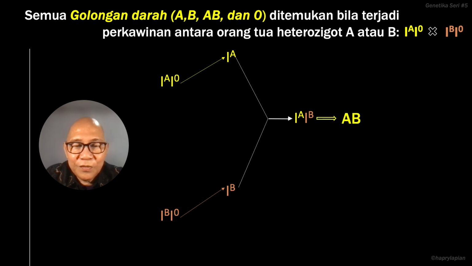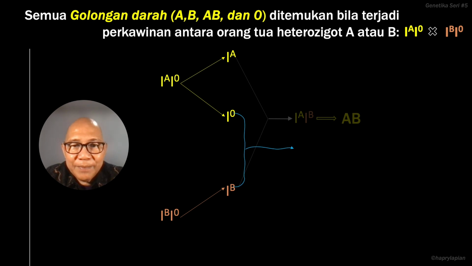This is because of the codominance principle. B blood type can be found when IO from father meets IB allele from mother, because B is dominant over O.